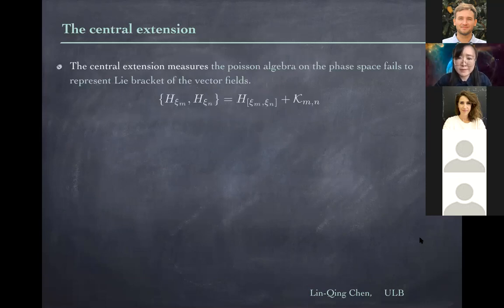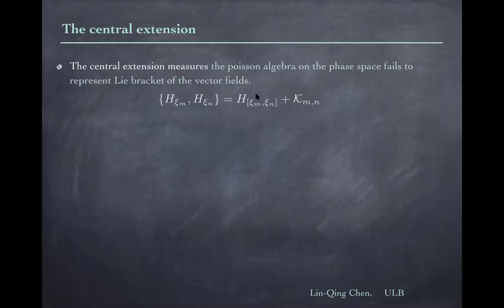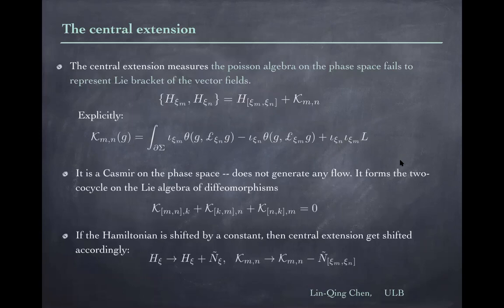And also a few more words on the central extension. It measures how the Poisson bracket on the phase space fails to represent the Lie algebra of the vector fields. Explicitly, it is given by this formula with the interior product into the symplectic potential plus the Lagrangian part, and this doesn't contribute in our scenario of analysis.